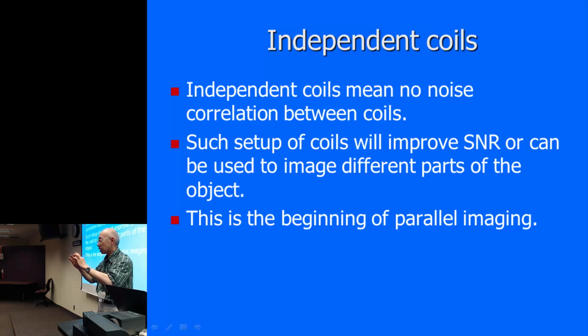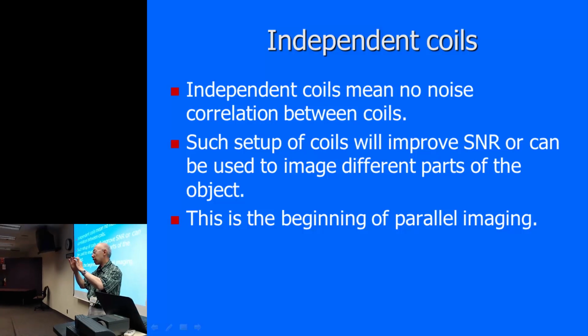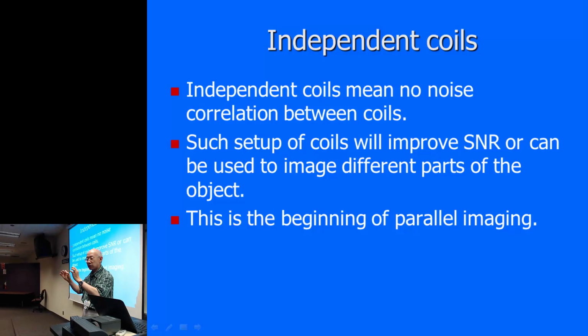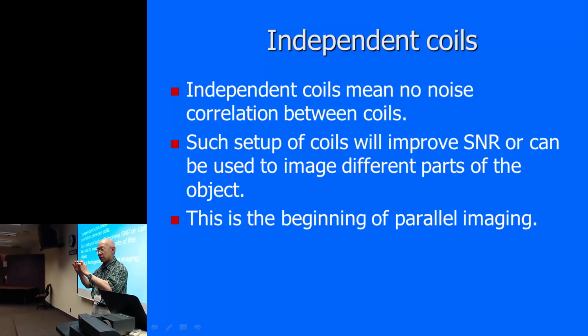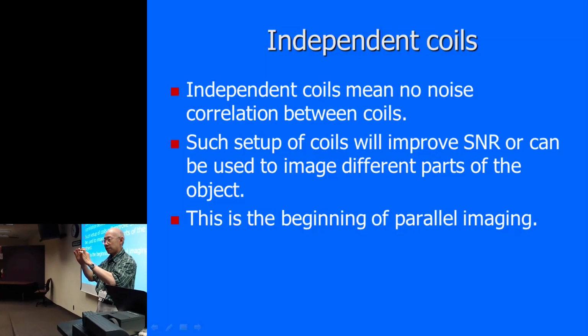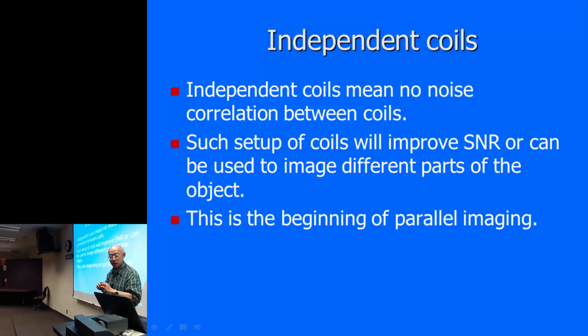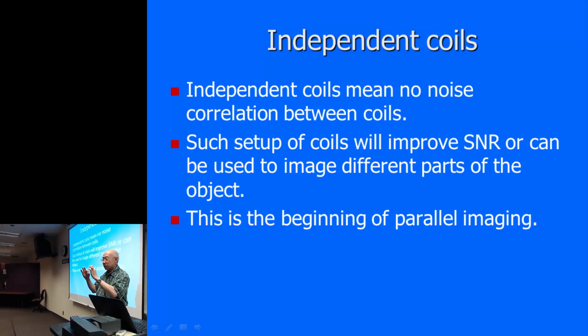So then what do you want to do? What people had done was to decouple these coils. Decouple means that you try to get rid of, or minimize, the mutual inductance between the two neighboring coils. There are ways to do that. Before I get into this further, the point here is that independent coils just means you want to make no noise.